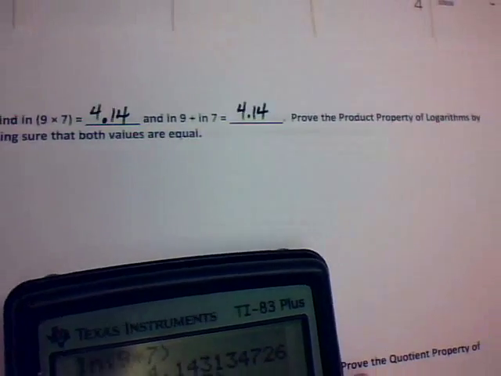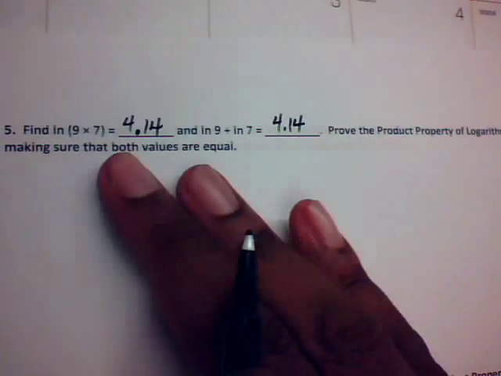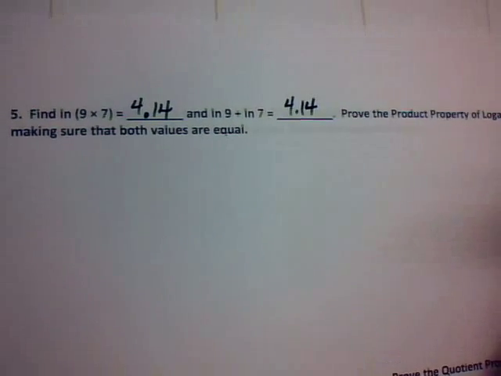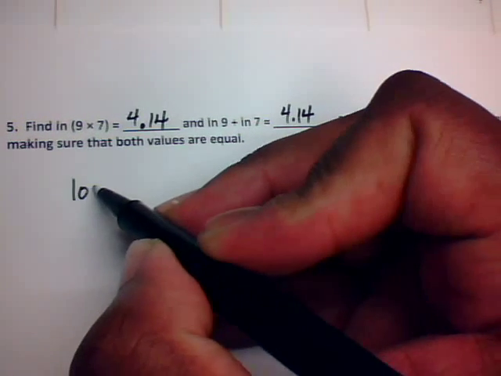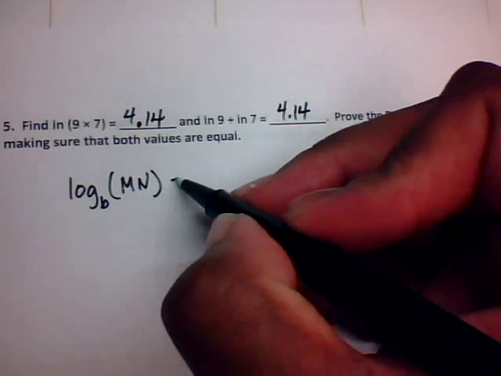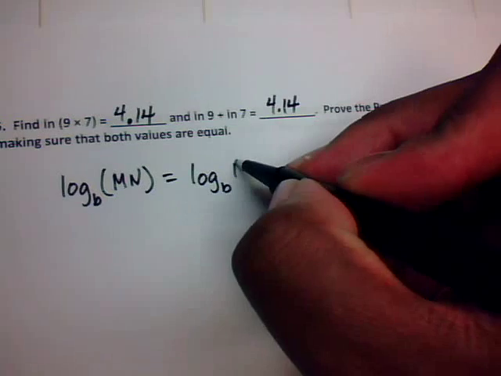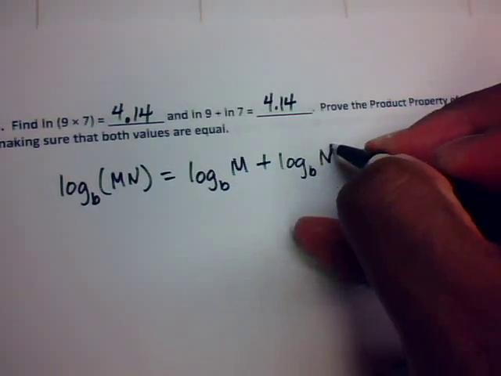So here, because both expressions give me the same answer, I can say that the log of the product is equivalent to the sum of their individual logarithms, which is, of course, if you remember, log to the base b of m times n. That's always going to be the sum of their individual logarithms, log to the base b of m plus log to the base b of n.